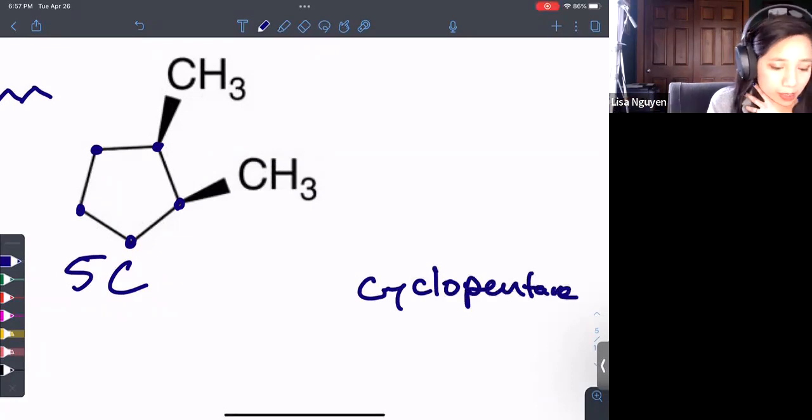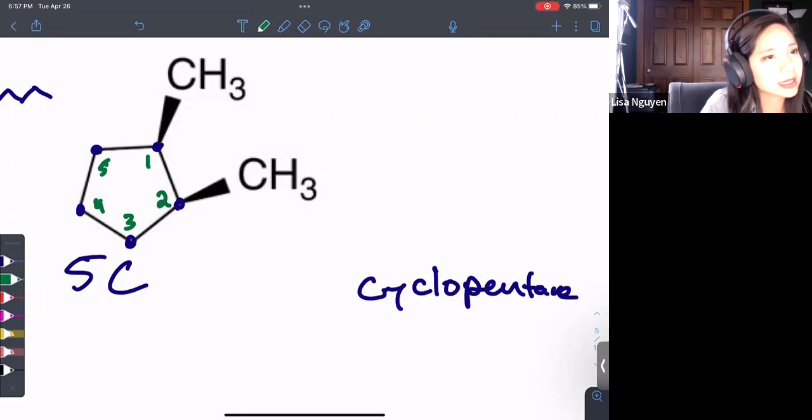Now we have to name the substituents, but we have to be careful. We need to tell the reader where those substituents are on the ring. You always want to number them so you end up with the lowest numbers in the name. I'm going to start right here and number the carbons 1, 2, 3, 4, 5. So we have substituents on carbons 1 and 2. You don't want to number it so they're on 3 and 4 or 4 and 5, that's unnecessary.